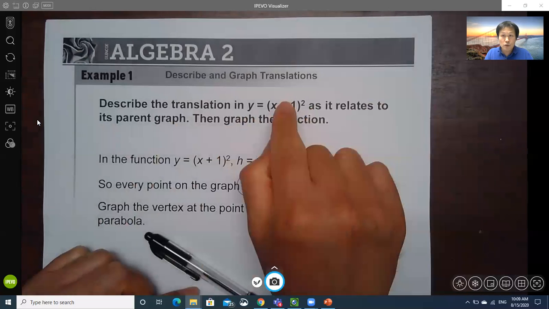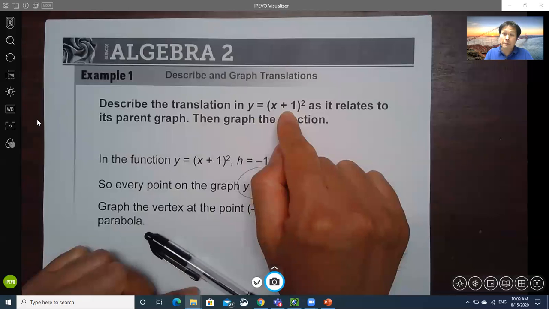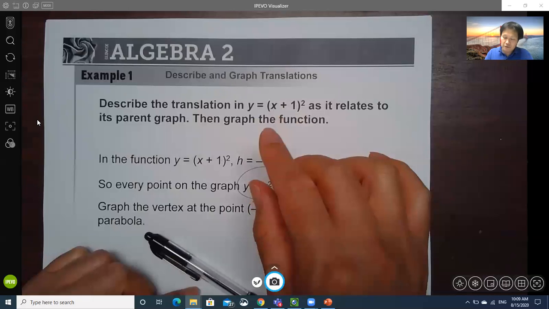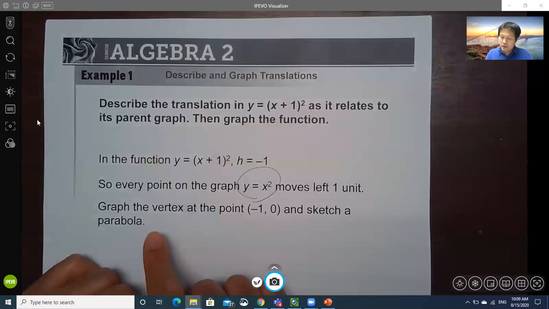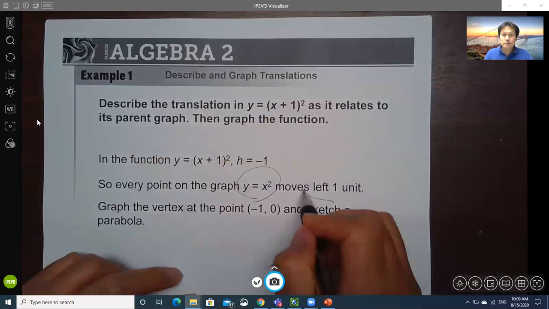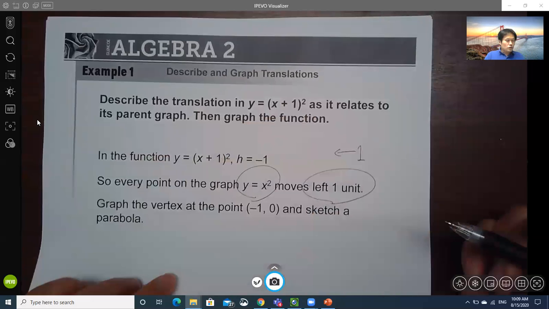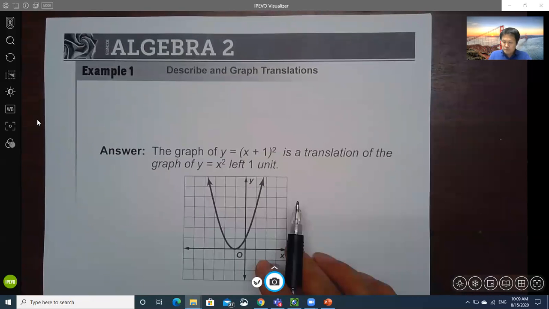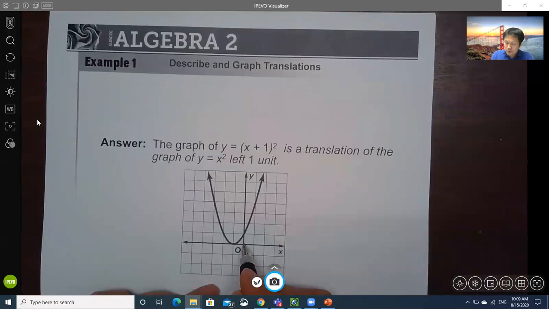Plus 1, where do we go? Opposite direction, you remember? You gotta go left by 1. Okay? So your graph should look something like this. You go left by 1. From here, you go right 1, up 1. Left 1, up 1. So you got the shape, something like that.